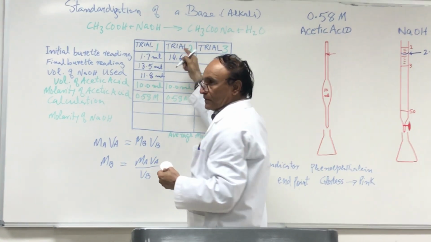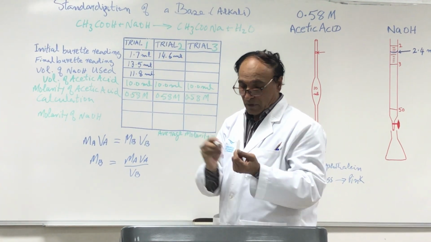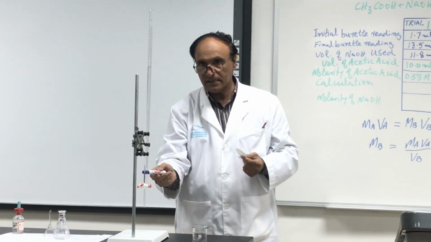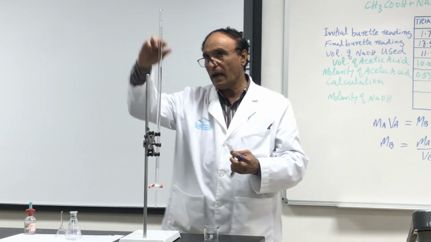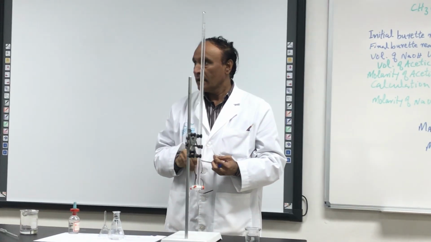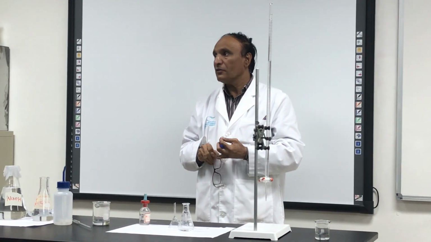This is trial 2. Boys, do you think this is up to 50? Do you think I should fill the burette? No. Why not? Because we know how much we use.